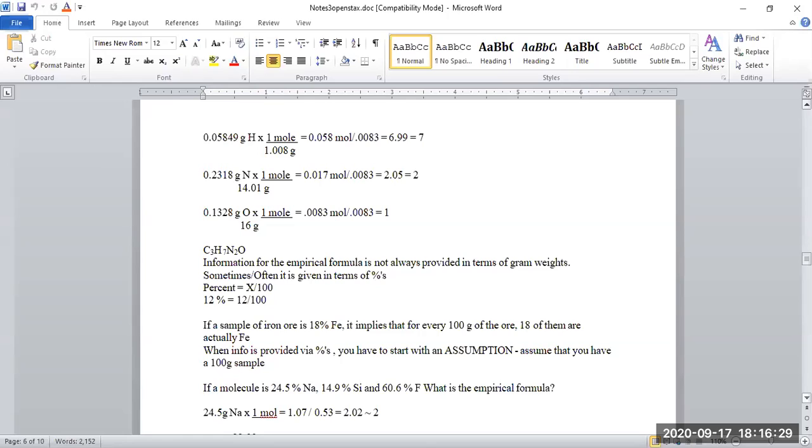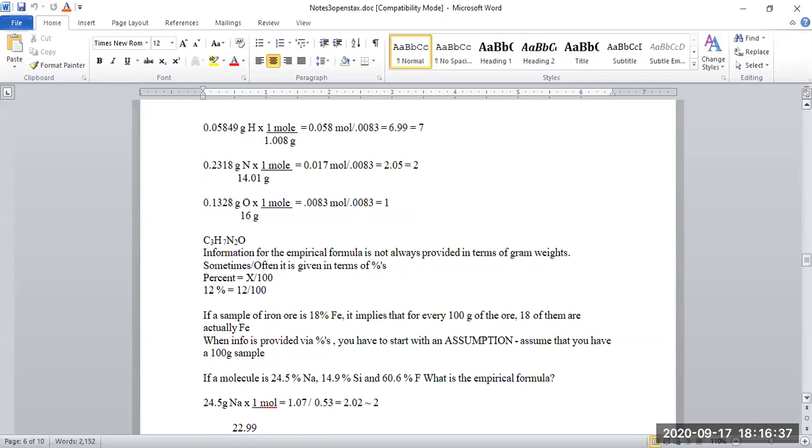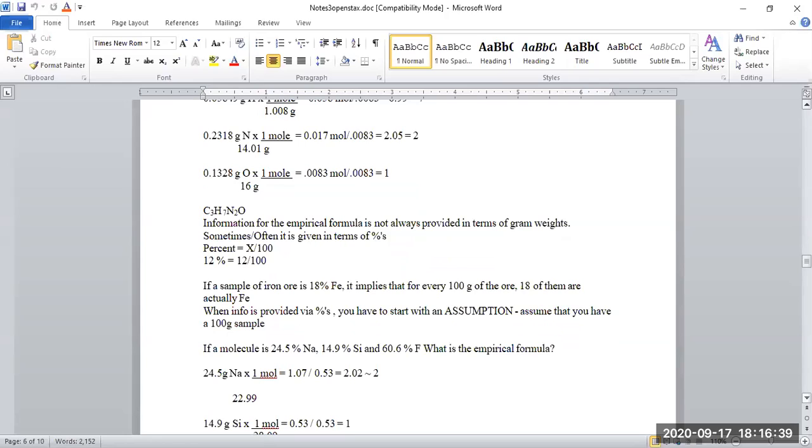So if you had 12%, that's 12 somethings out of 100. If somebody in a lab presented you with a sample of iron ore and told you that this sample is 18% iron in the ore, what that is essentially telling you is that you've got 100 grams of sample, but of that 100, only 18 of them are actually iron, and the rest of it's something else.